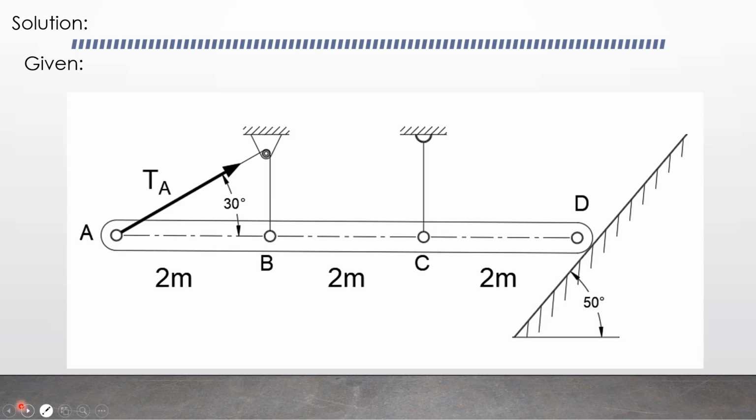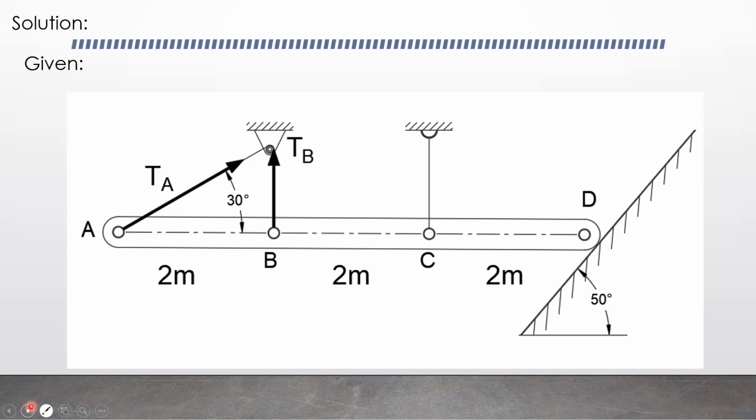So let's see. We have here the tension from point A, let's just call it TA. It has 30 degrees from the axis. Next is the tension at point B, let's just call it TB.